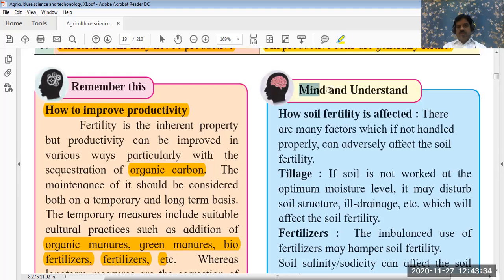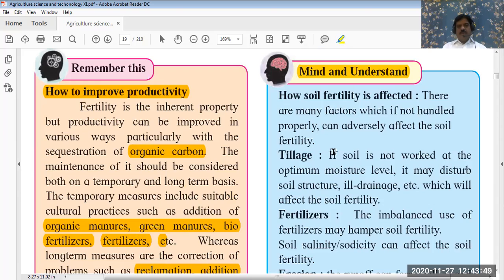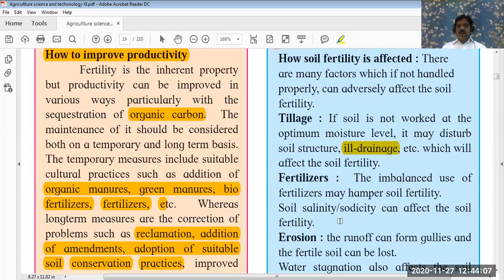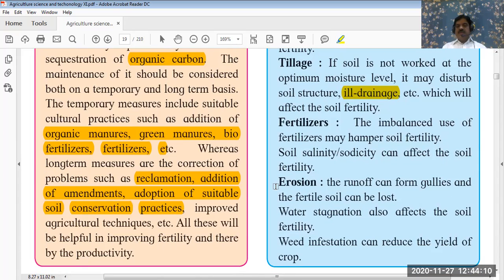Now what we have to remember is how fertility is affected. Fertility is affected by many factors. If it is not handled properly, if crop cultivation is not taken care of properly, if tillage operations are not done, if there is poor drainage and water is stored, waterlogging takes place, if fertilizers are applied in larger quantity, if there is soil erosion, means loss of soil due to rainfall, and many other factors.